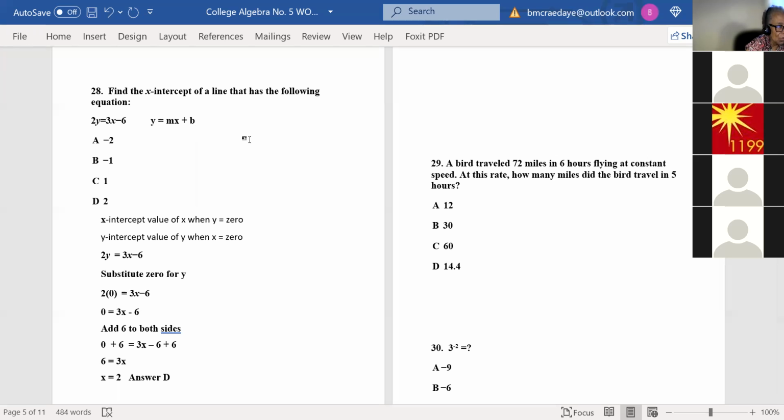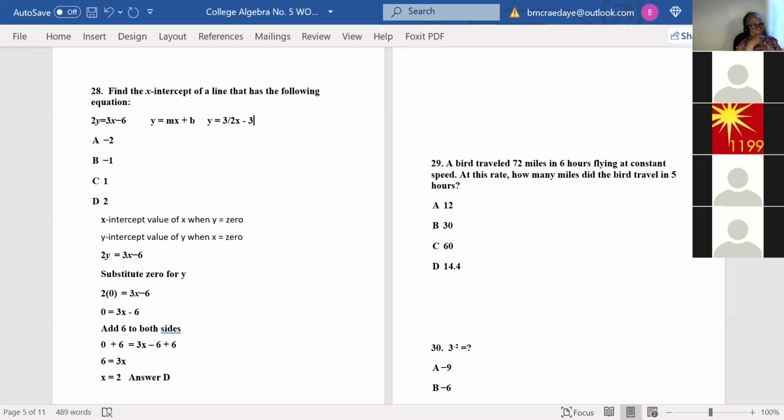Yeah, you divide by 2, and then you get what? 3x over 2. So you divide by 3 over 2x, and that will give you y equals 3 over 2x minus 6 over 2. So that would be a minus 3, right? So what would your y-intercept be? 3 over 2x minus 3.